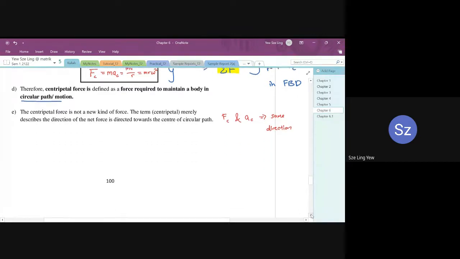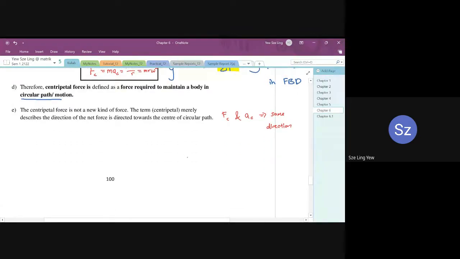So if you have an object, for example, this is the center, and you tie a string and swing it in a vertical circle, the force and the acceleration are always pointing towards the center, regardless of where your object is. Let's say now your object is at position 1, both ac and Fc are pointing towards the center.